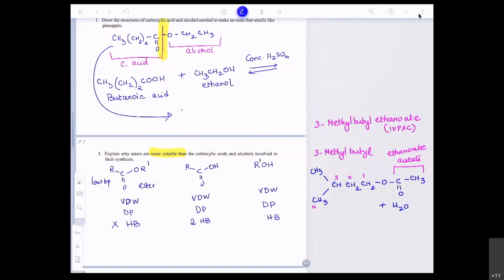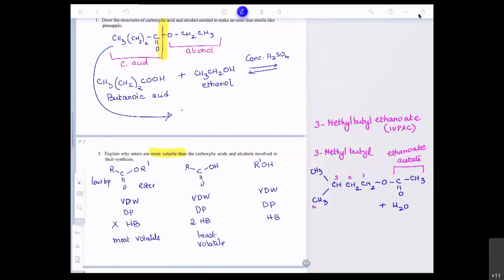So I would expect this to be the most volatile, this to be the least volatile, of course, and the other one right in the middle. So least boiling point for esters, and now you can see why they make good fragrances, essential oils, and so on. But not so volatile like a hydrocarbon that you can't put it in a bottle.